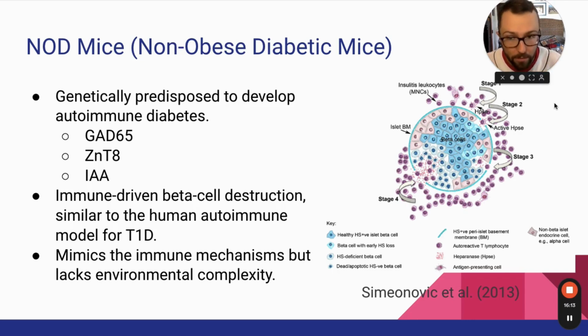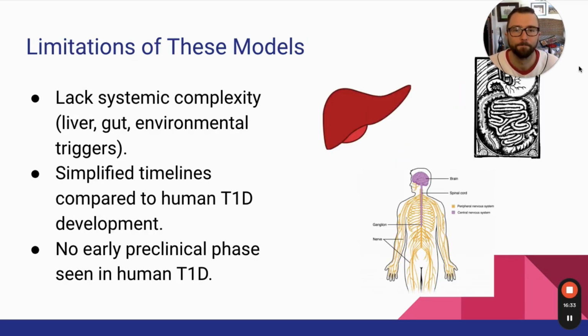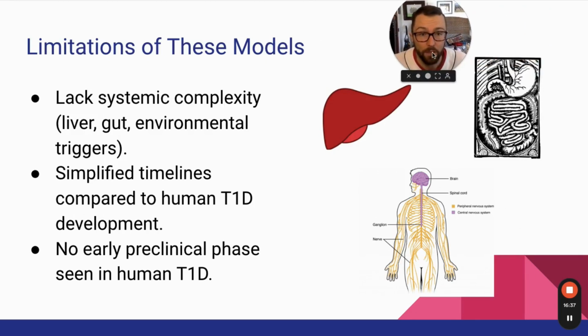With NOD mice, you may be focusing on ways to fortify beta cells against an already existing immune attack. Okay, does that make sense? So it's just important to know where you're coming from in the research model and how that inflammation is instigated, and some of the limitations of these models beyond just understanding the differences between the two.